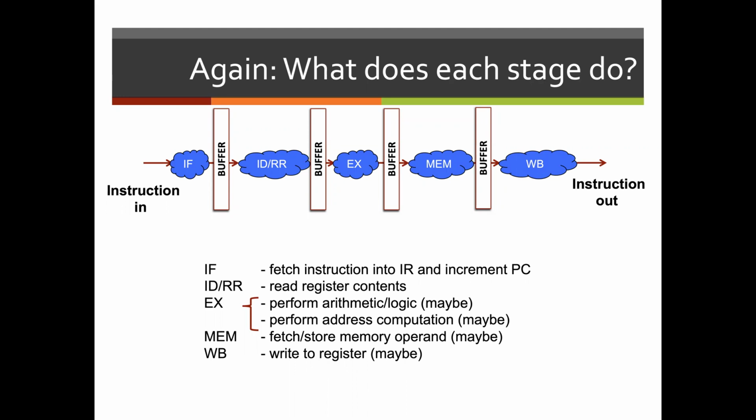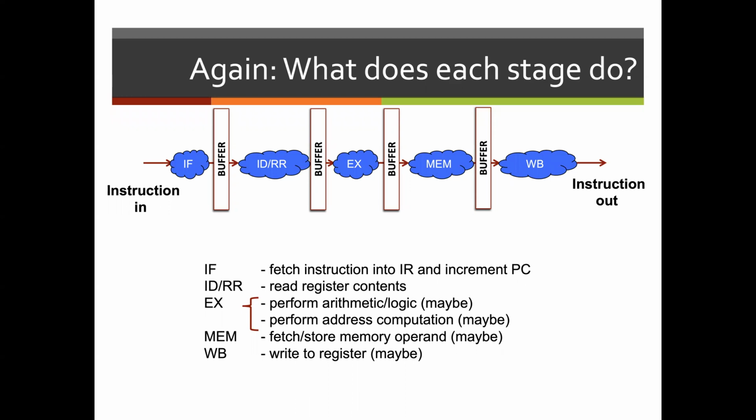And so we want to consider and keep in mind what occurs in each of the stages. In IF, we're going to be fetching instructions into the instruction register, and we have to increment the program counter. In our ID and RR stage, we're reading register contents. Our execution stage is going to either perform arithmetic logic or perform address computation.